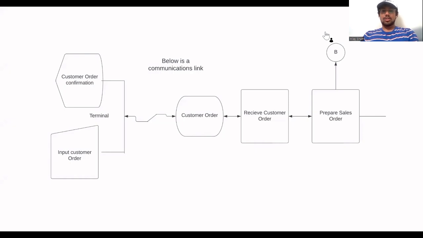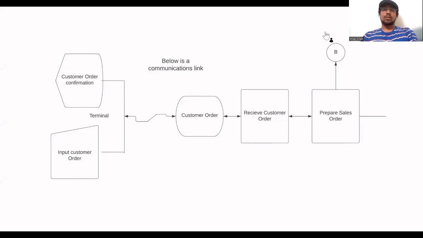Hello, I am Hilal Shah and I will be explaining the communication link. The terminal connects customer order confirmation and input customer order, which indicates that there is a relationship between the two processes. By establishing this connection and communication link, the organization can streamline its order management process, reduce errors, and enhance customer satisfaction by ensuring accurate and timely order processing.